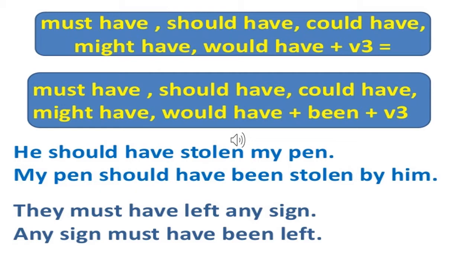For example, he should have stolen my pen. So here should is the modal auxiliary and stolen is the past participle form of steal. And in the passive voice, should have is followed by been. My pen should have been stolen by him.